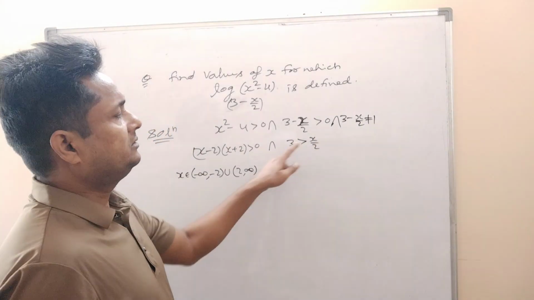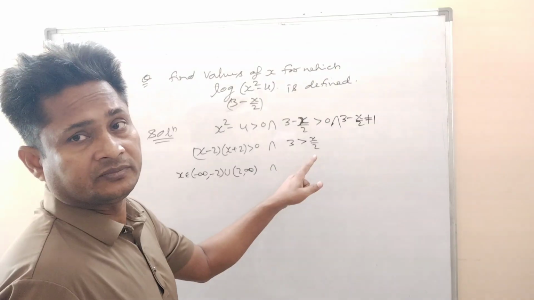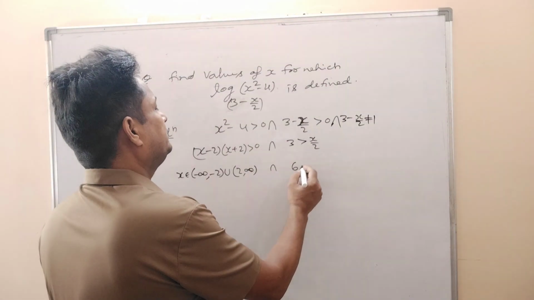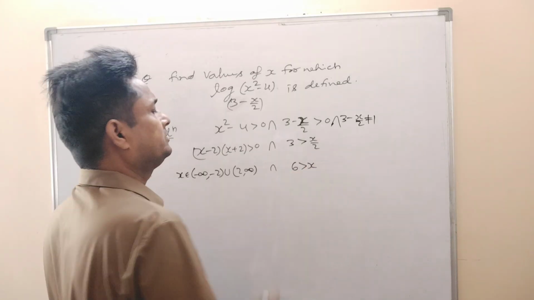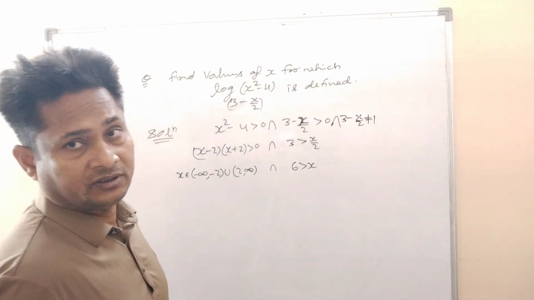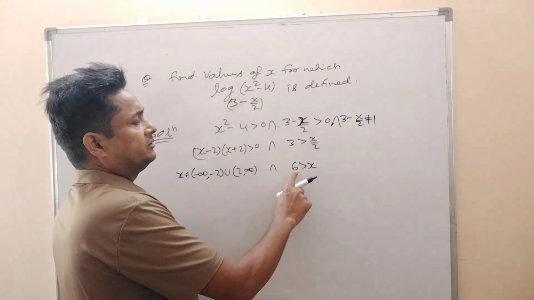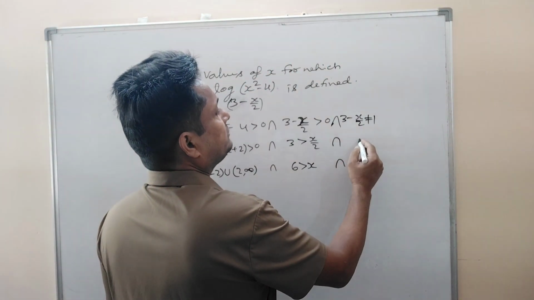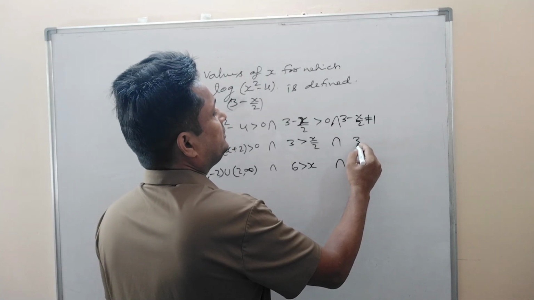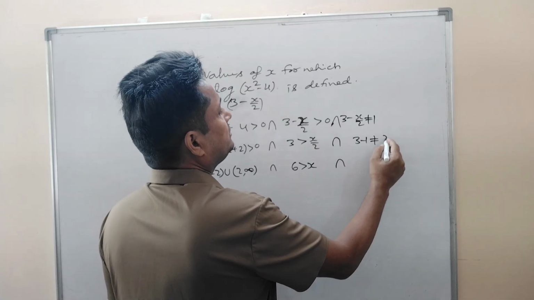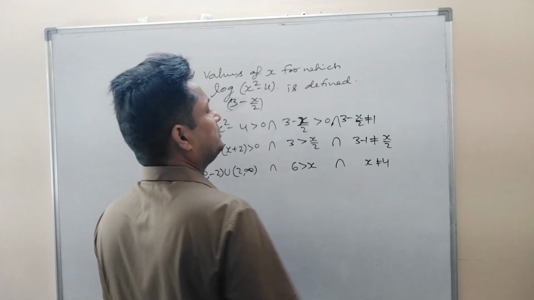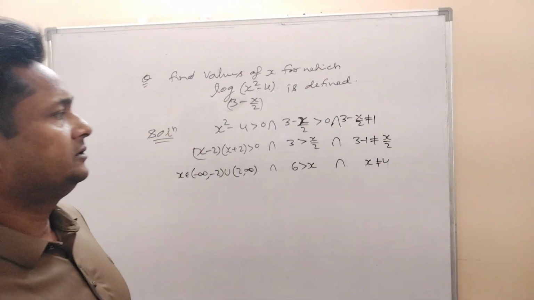Now multiply both sides by 2. 2 is a positive number, so the inequality will not change. So this will be 6 is greater than x. That means the value of x is less than 6. So this one will be 3 minus 1 does not equal x by 2. That means x cannot be equal to 4. Right?